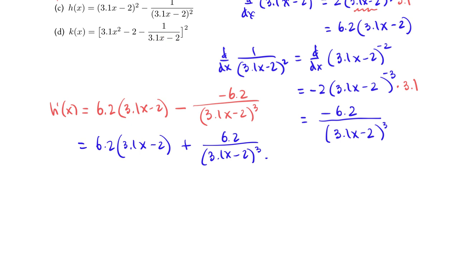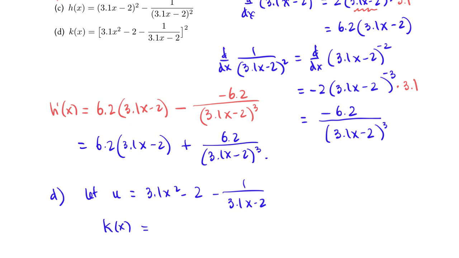Since this might be a little bit complicated, we'll let the inner function be u. u is 3.1x squared minus 2 minus 1 over 3.1x minus 2. Then k of x can be rewritten as u squared.